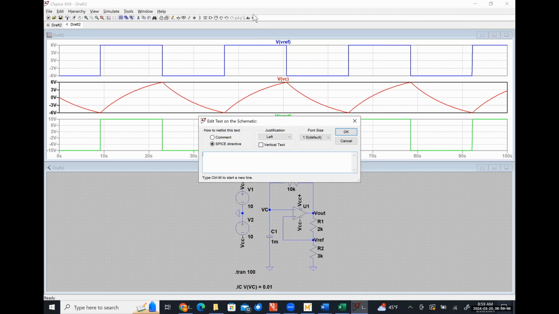But it's just that .op button, and then you type in .ic for an initial condition. And I'm saying the voltage at the node VC, where the positive polarity terminal is at that node and the negative polarity terminal is at ground, which is just the voltage drop across the capacitor, is starting out at a value of effectively 10 millivolts.